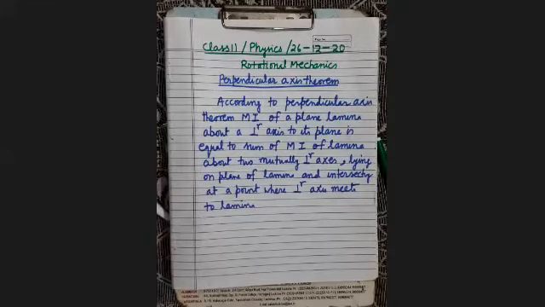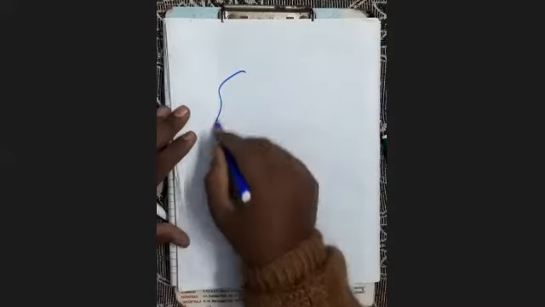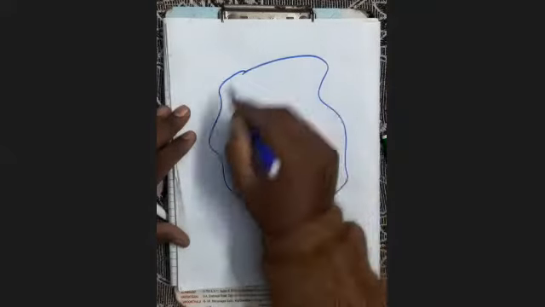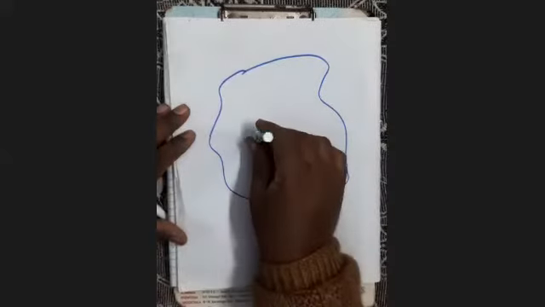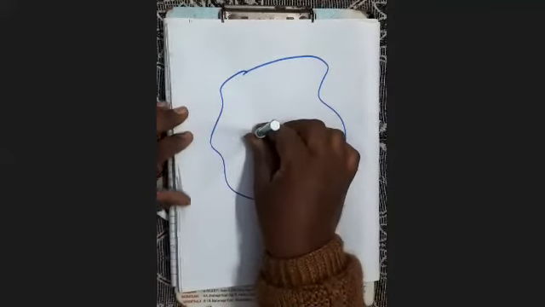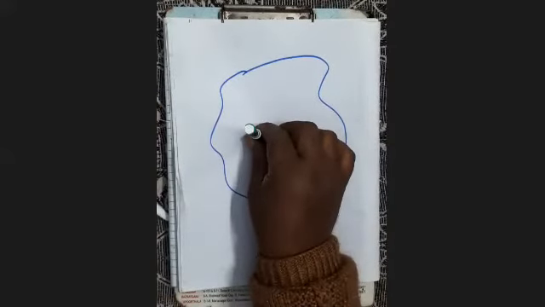Now I am going to explain this perpendicular axis theorem. So you can see here, suppose this is a plane lamina whose moment of inertia you have to determine about which axis? About this axis. This axis is perpendicular to the lamina.